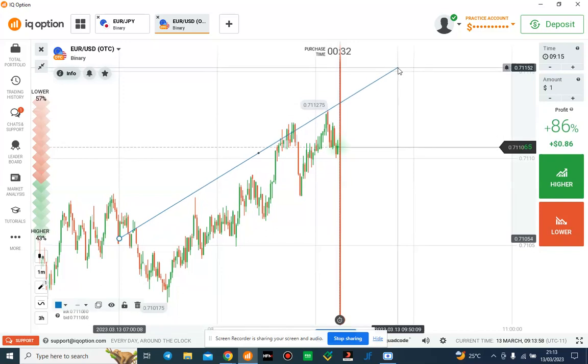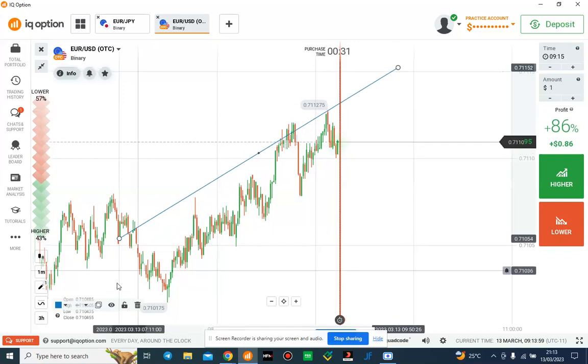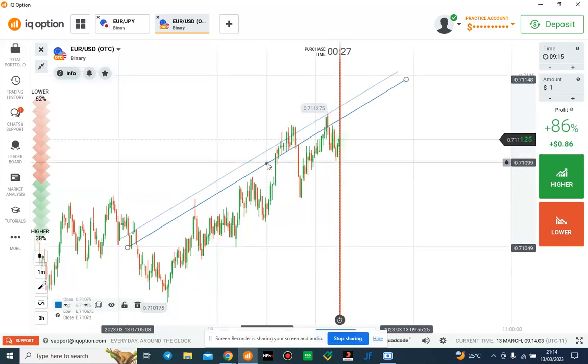Let me extend the trend line more, then clone it.